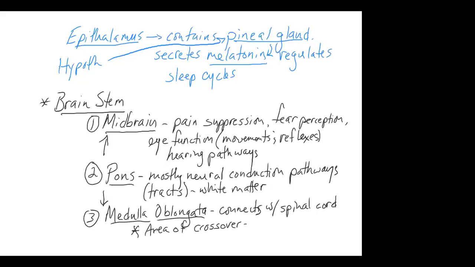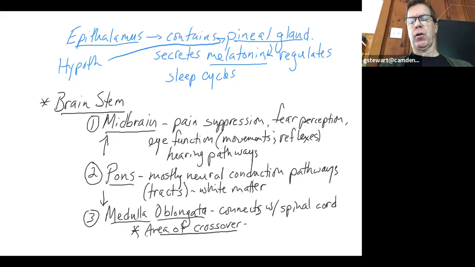Well, this is where that area of crossover of pathways occurs. So signals coming, for example, from the left cerebral hemisphere cross over to the right side of the body in the medulla. So this is the area of crossover, from left to right. That's where that occurs.